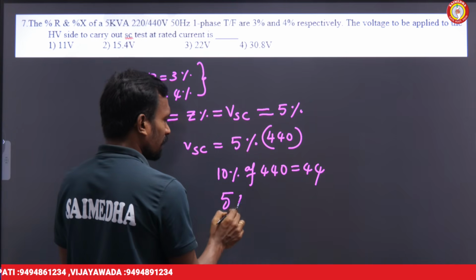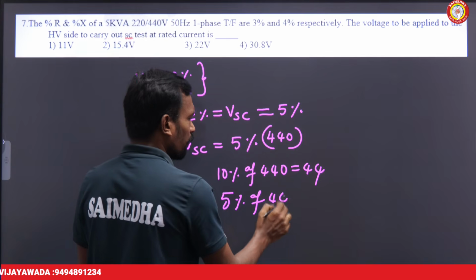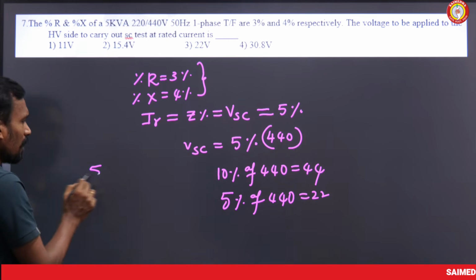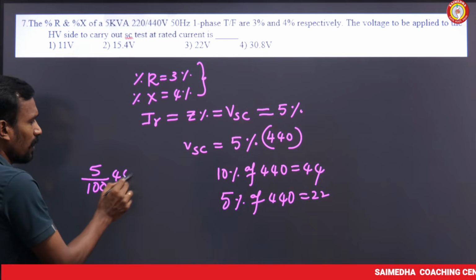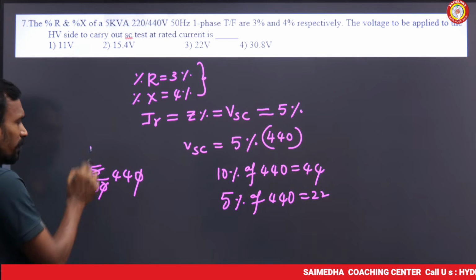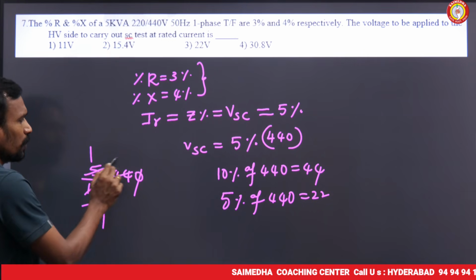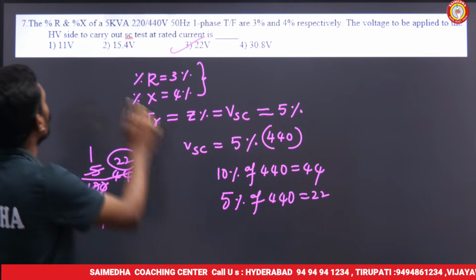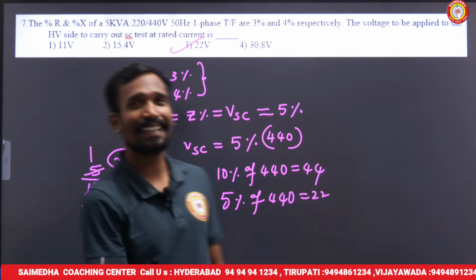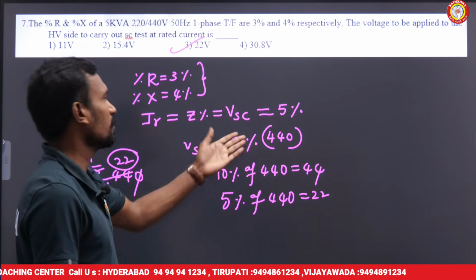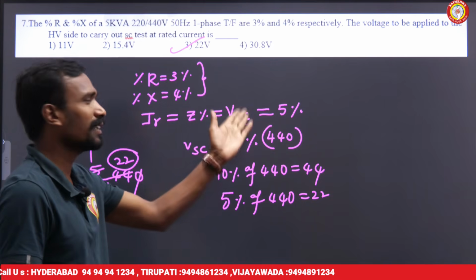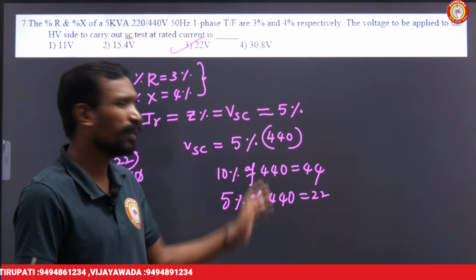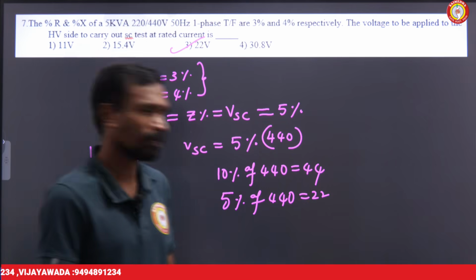Then 5% of 440 is equal to 22. 22 will be our answer to circulate the rated current. 5% is your answer. Percentage impedance should be equal to short circuit voltage, a simple trick, sir. We may expect questions like this in our exam.